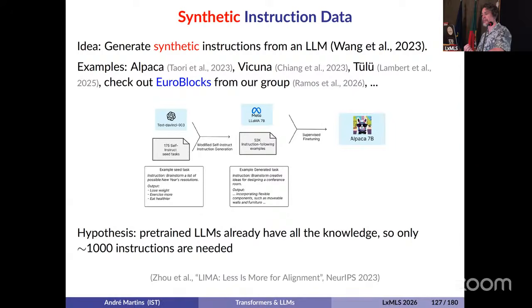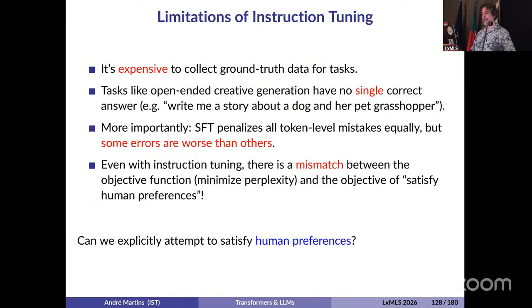This is a very optimistic hypothesis, but I would argue it holds, at least partially. And it made it possible to have an instruction tuning phase with very few instructions. So Alpaca was around 1,000 different instructions, and that was sufficient for the model to generalize to many unseen tasks.